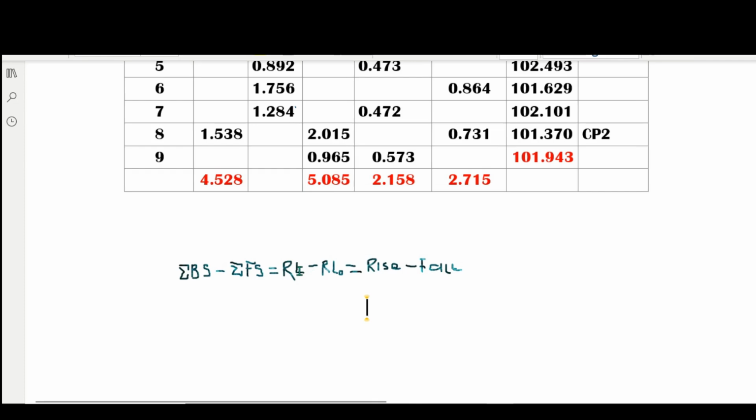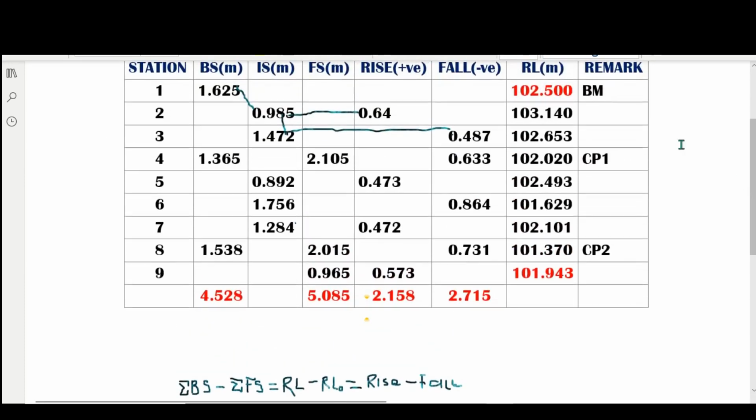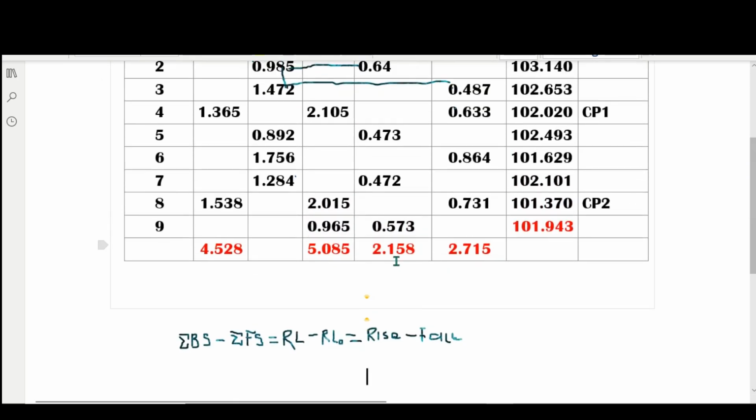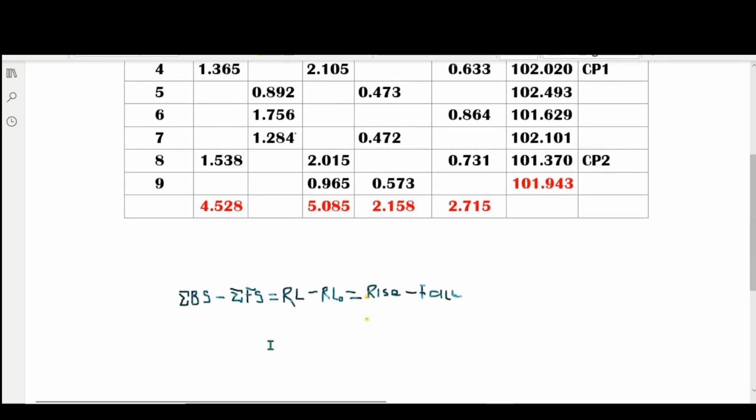It is equal to the final reduced level minus the initial reduced level, which is equal to the rise, which is equal to this, minus 4, which is equal to this. So I think we should be having the same thing here. So let's continue.